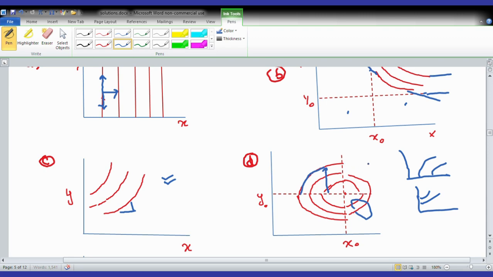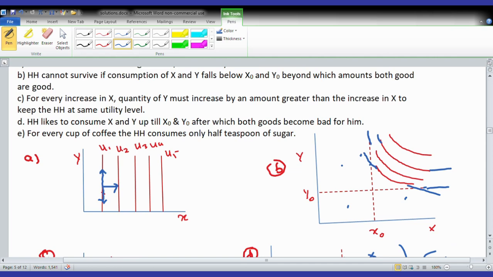Similarly, if you are in this quadrant, if you are increasing the consumption of any of the goods, your utility is decreasing, you are moving from a higher to a lower indifference curve. So indifference curves are like circular, with this point as the bliss point where the person attains the highest utility, and more consumption in any of these directions decreases the utility of the person. So this is the answer to D.